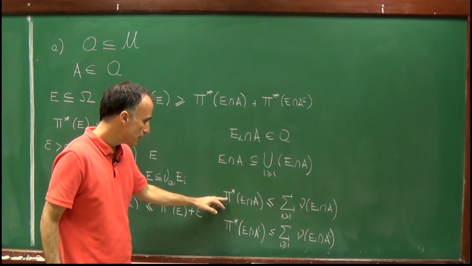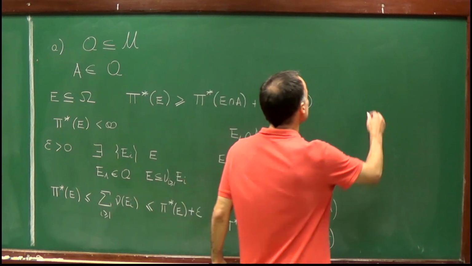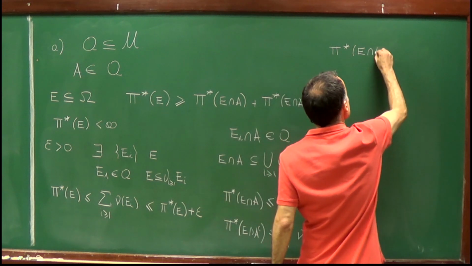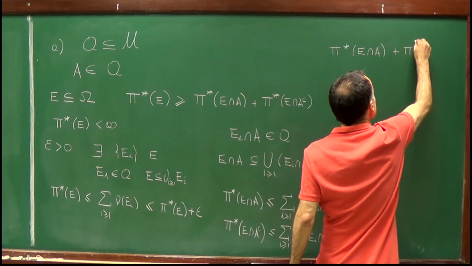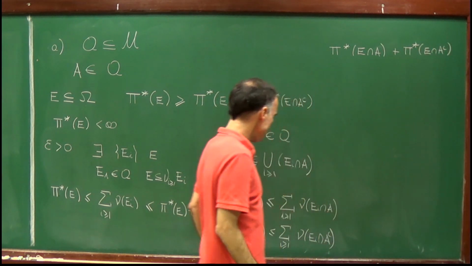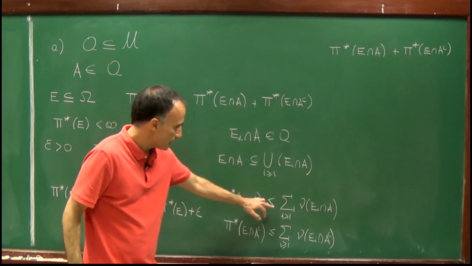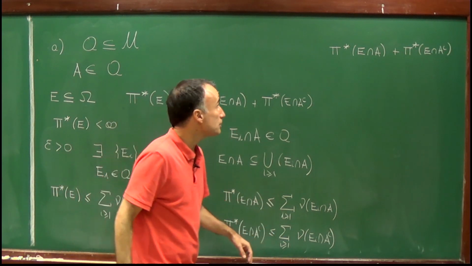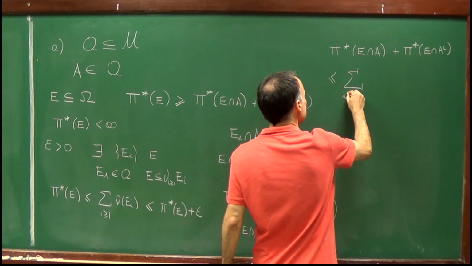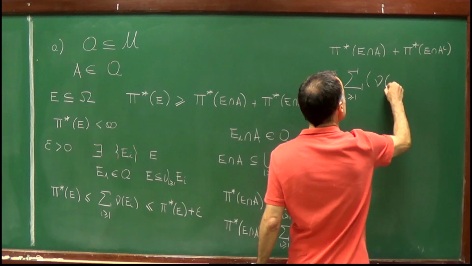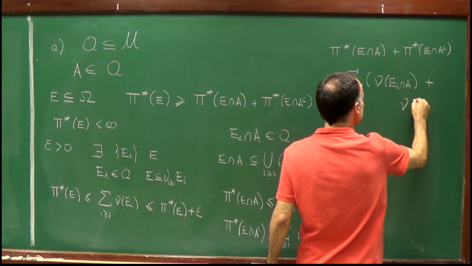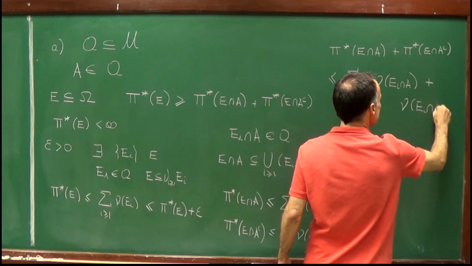So we just sum these two expressions to get that P star of E intersection A plus P star of E intersection A complement is less than or equal to the sum over i greater or equal to 1 of nu of E_i intersection A plus nu of E_i intersection A complement.